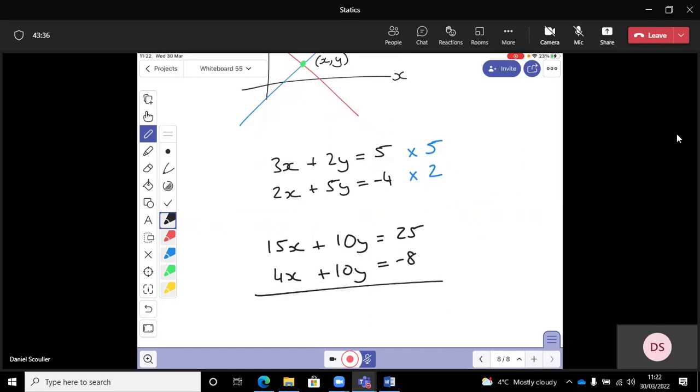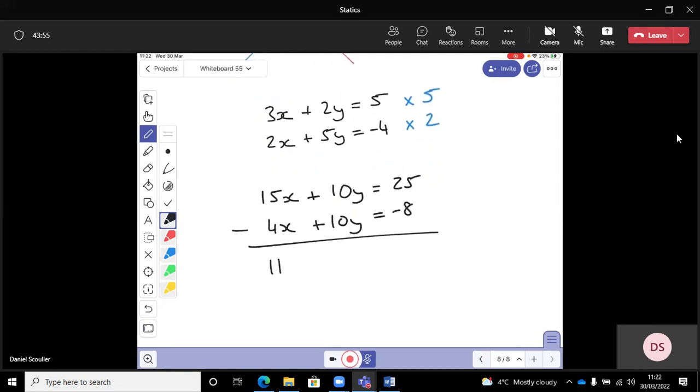Then we're going to put a wee line below that. We can either add both these expressions together or take both these expressions away from each other. So I'm going to take this away, and that will eliminate the y term. So we're doing 15 minus 4, which is 11x. 10y minus 10y is 0.